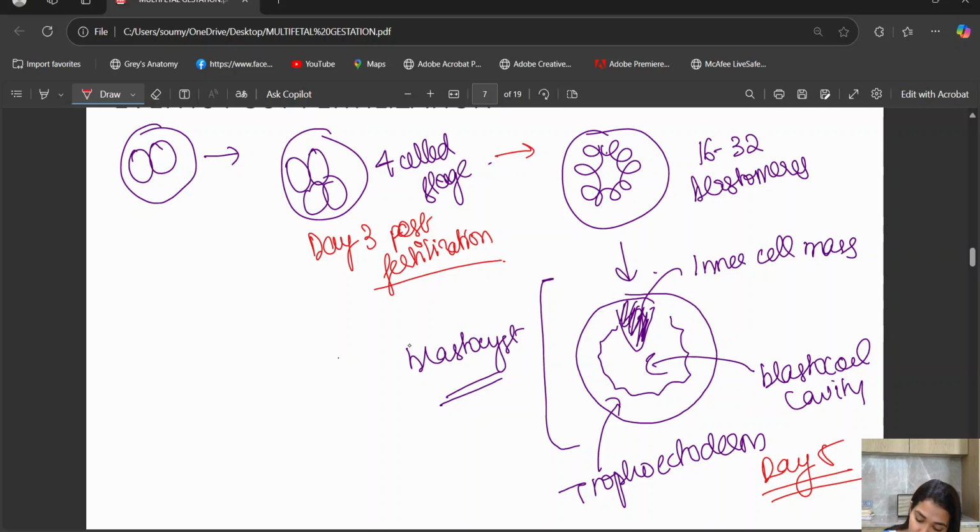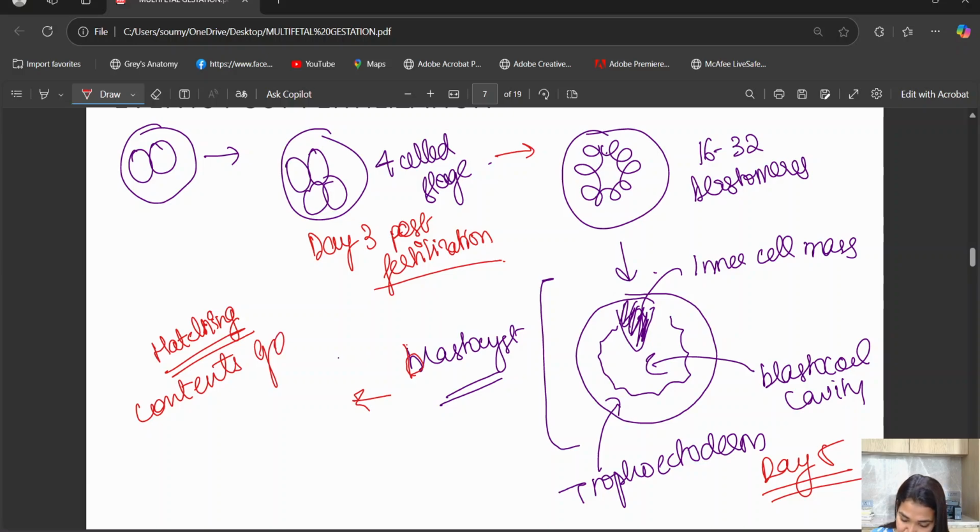Now after this blastocyst has formed, it undergoes something called hatching. Yes, humans also hatch. Now in hatching, this blastocyst cavity opens and the contents go out. Now iska content kya hai blastocyst ka?